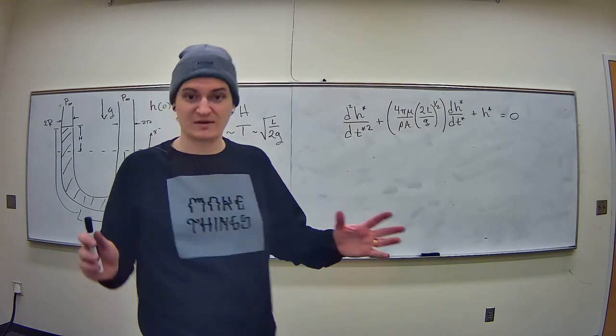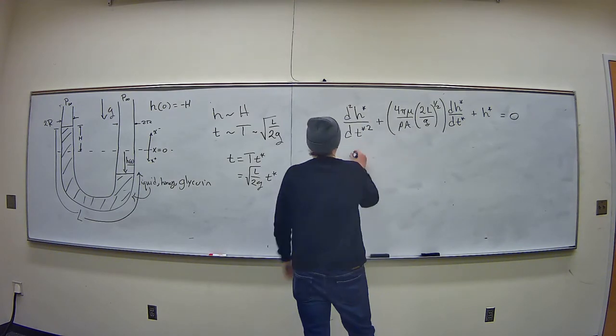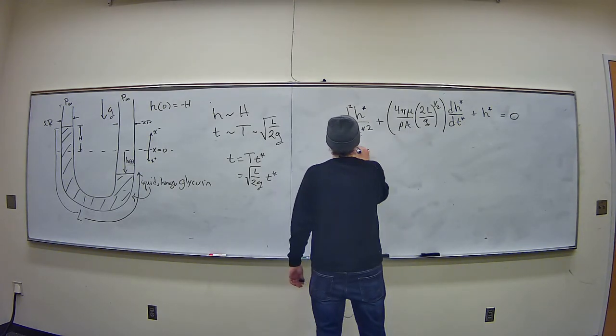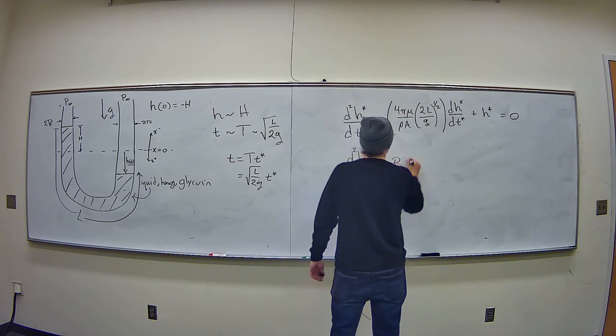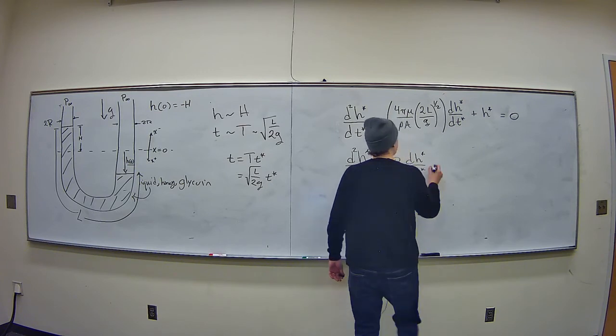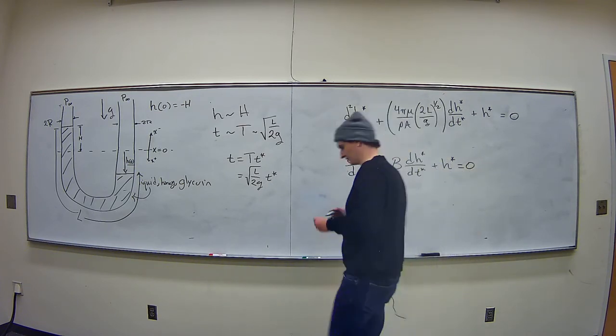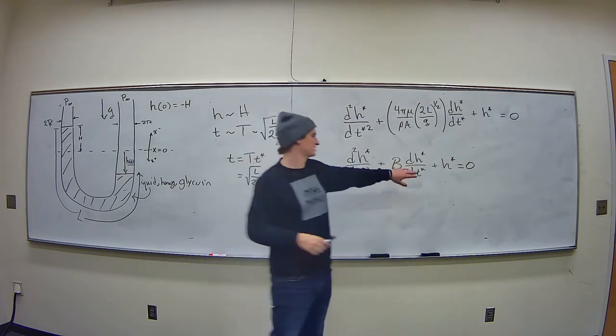Okay. But this is great, though, because now this is just some expression I don't even care about anymore. What I care about is that it's just a number. Call it b. It's just a number. We're just going to call it b.